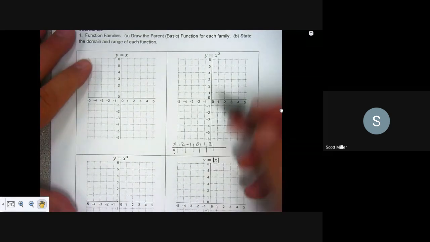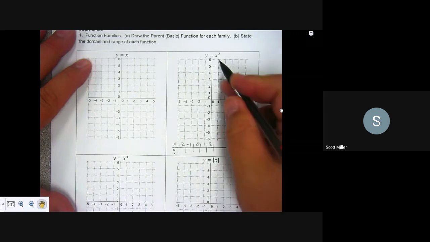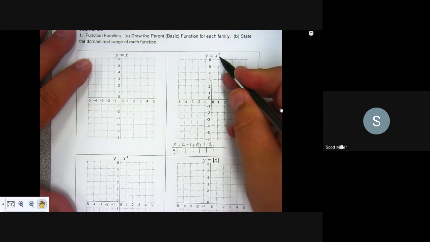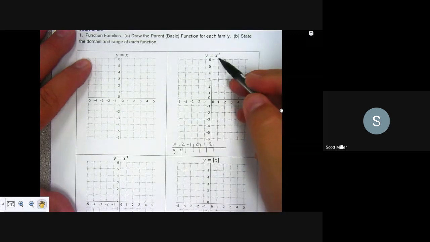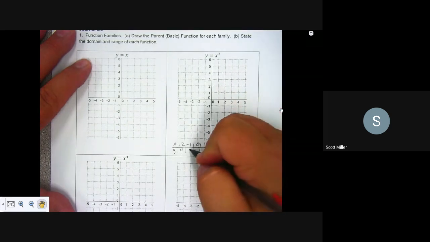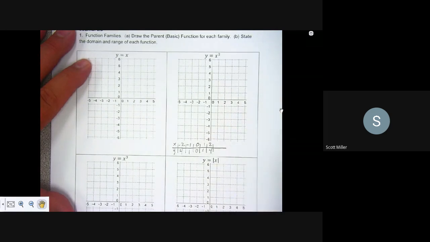You plug these numbers into the equation to get the y value, and then we graph the dots. So -2 squared, +4. -1 squared, +1. Then there's 0, then 1 squared, and 2 squared. So these are the points that are solutions to this equation.